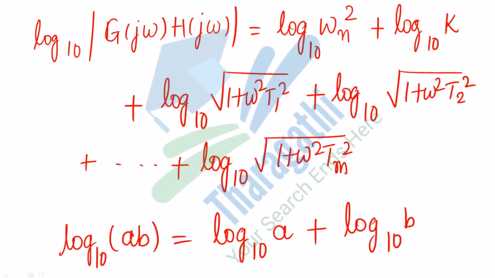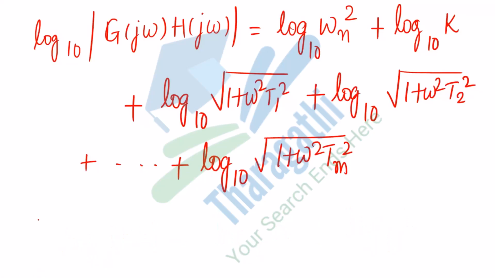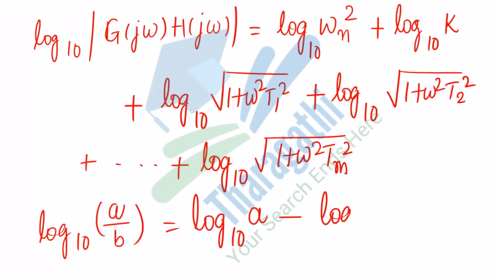With the help of this formula, I have written this. Similarly, for the division of two numbers, log to the base 10 of A by B can be written as log to the base 10 A minus log to the base 10 B. That means if it is a division, then it becomes a difference.